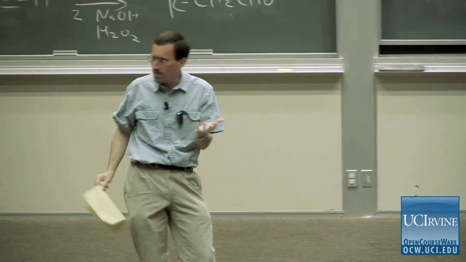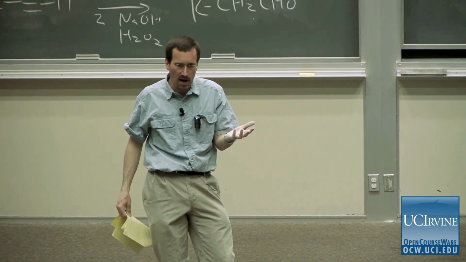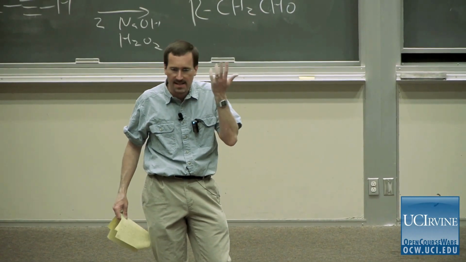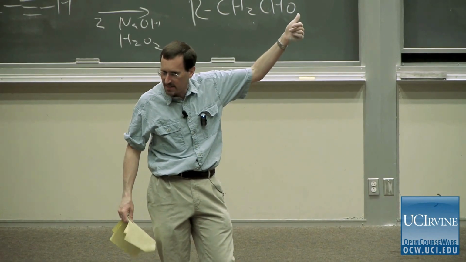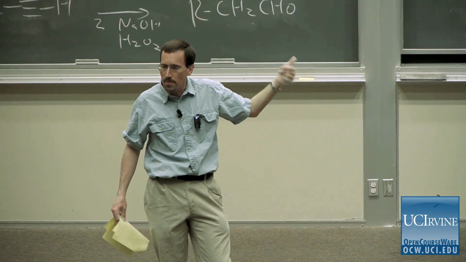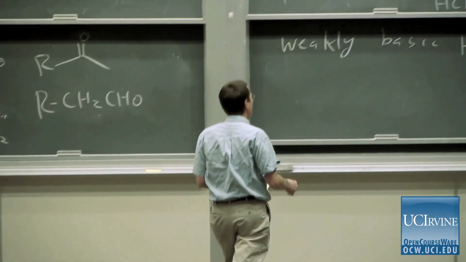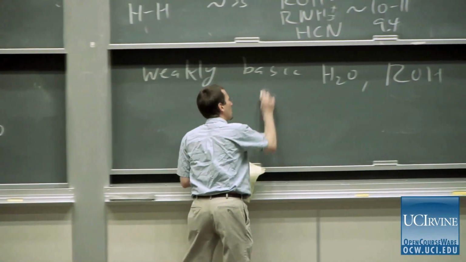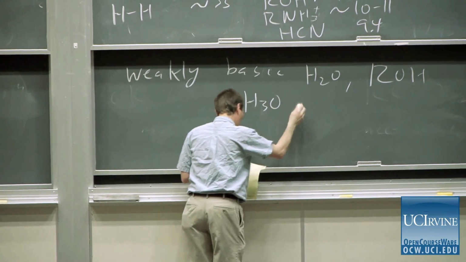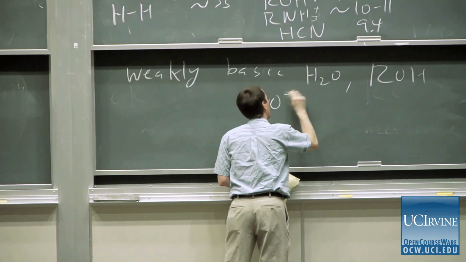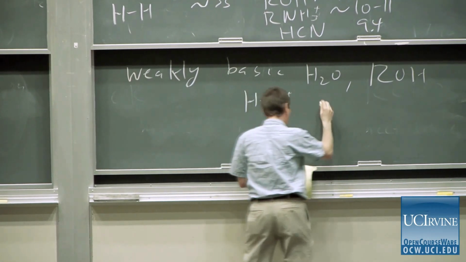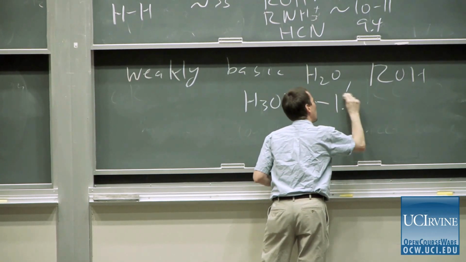So there's actually two pKa's to keep in mind. If I'm thinking about water as a base, not as an acid, as we just did, I need to think of the conjugate acid of water, the hydronium ion, H3O plus. The pKa of the hydronium ion is negative 1.7.